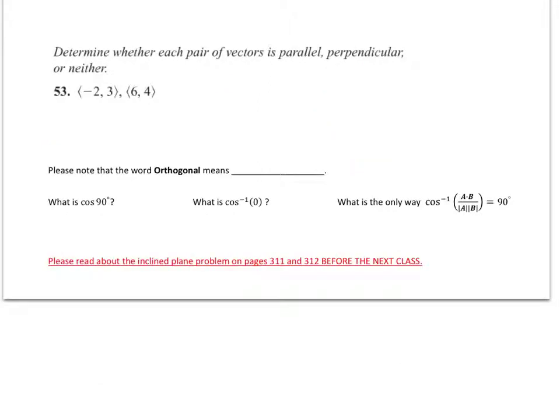Okay, so now we want to determine whether each pair of vectors is parallel, perpendicular, or neither. So let's think about this for a minute. How can I determine if two vectors are parallel, perpendicular, or neither? What could we do? Okay, we could draw them up and look at it and see.